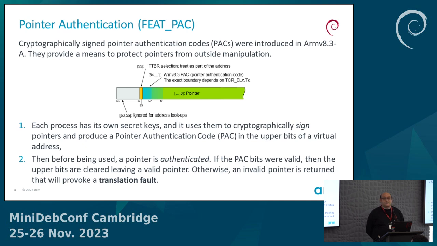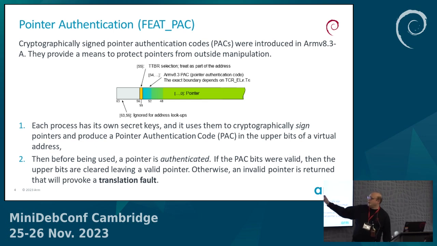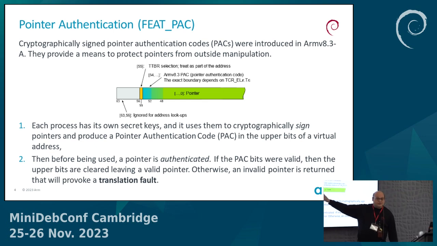So we've got something called Pointer Authentication. So what we do is we have a series of secret keys per process that the kernel manages, all transparent mostly to user space. And what we do, user space can take the return address pointer and sign it. Now, a traditional pointer in ARM will go up to about 48 bits of virtual address space.